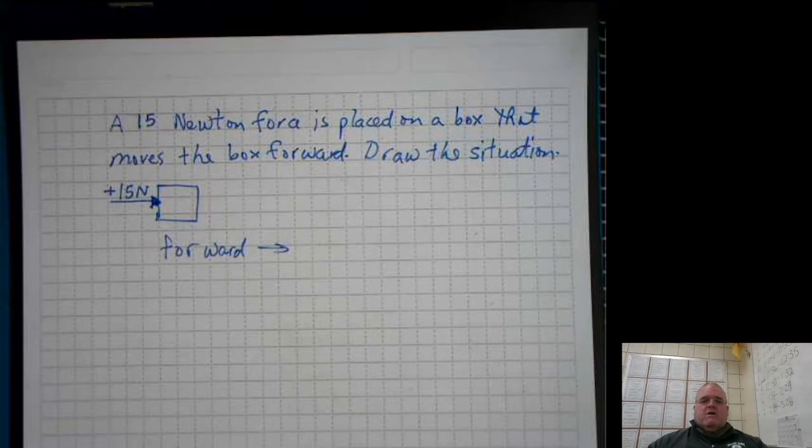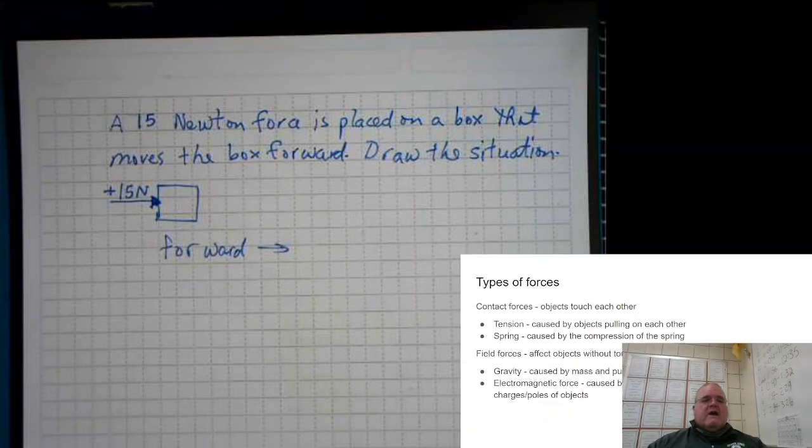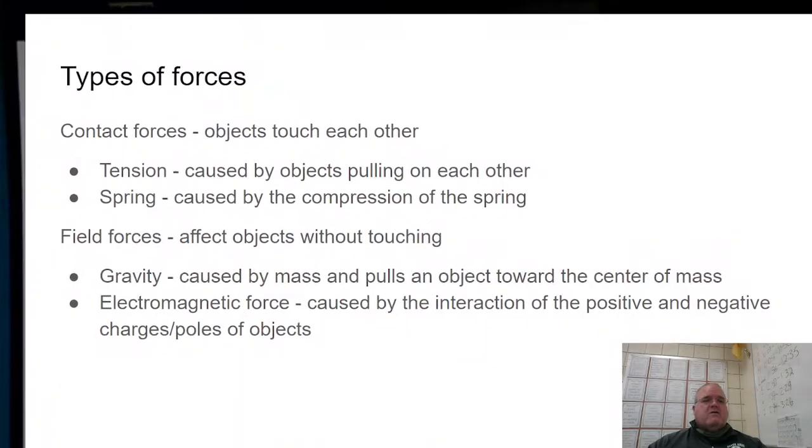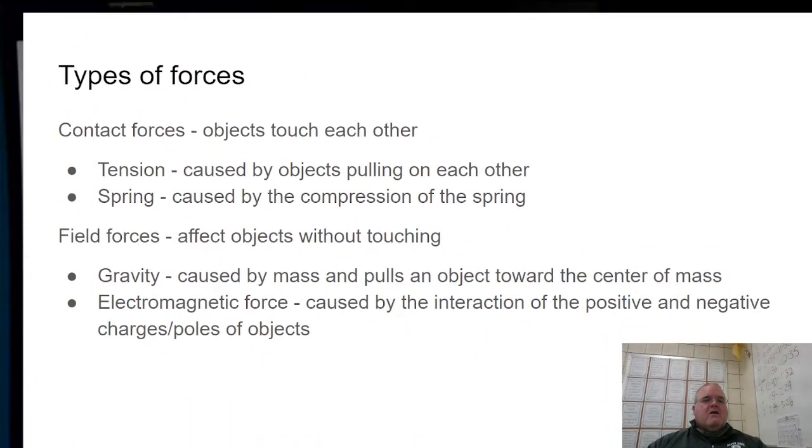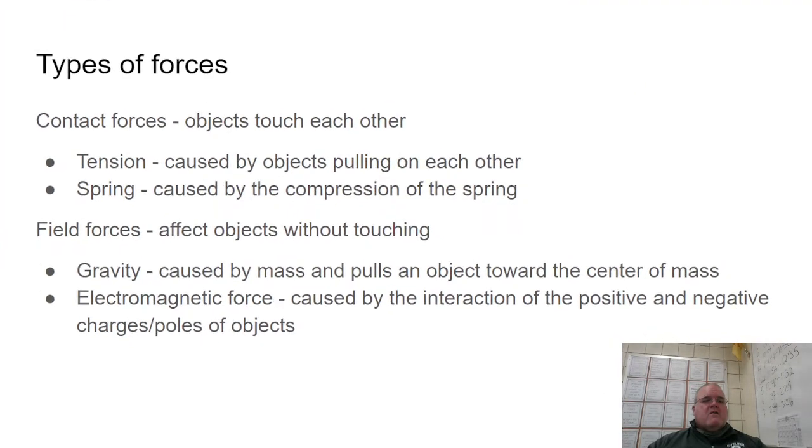Now I want to talk about the types of forces. There are 2 types of forces: contact forces and field forces. Contact forces are where the objects have to touch each other.